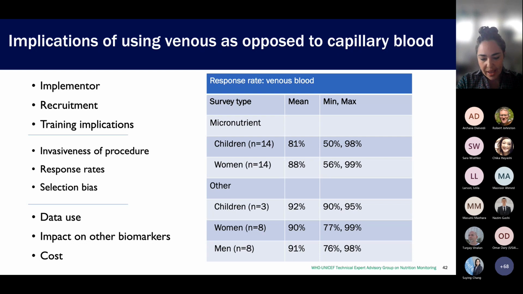So all of that is to say, DHS is keenly tracking the data that's coming out, the global bodies that are looking to make recommendations on the blood source for hemoglobin collection. And what I can't tell you is what DHS is going to do in terms of whether hemoglobin would remain a standard biomarker if there was a switch to venous blood, because that's really a decision that would be made by the project in partnership with USAID once recommendations have come out.